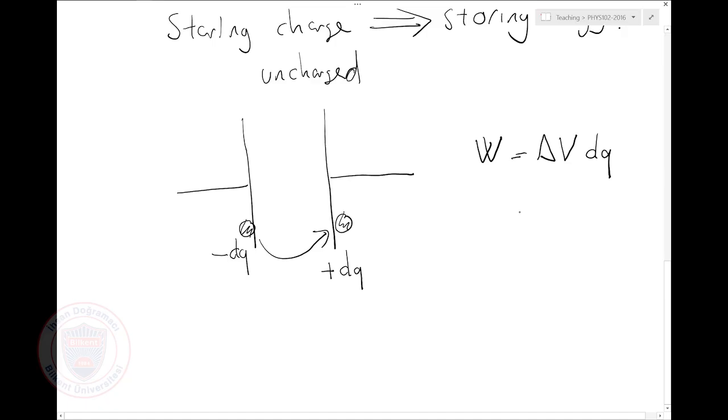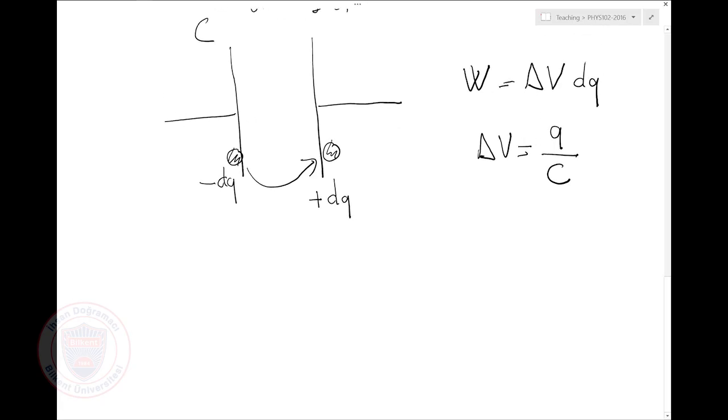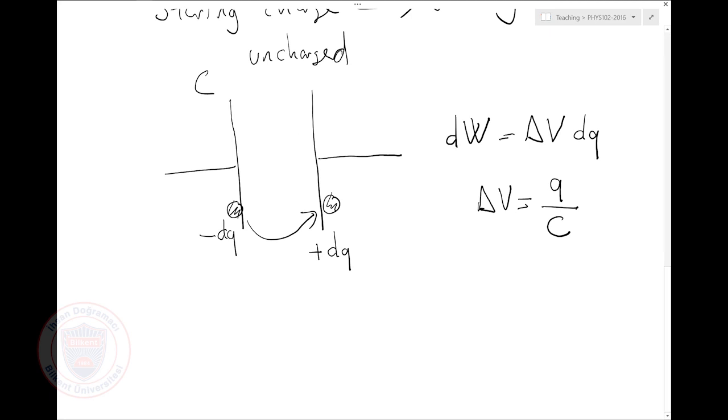But now what's delta V? By the definition of capacitance, delta V is Q, the total charge on one of the plates, divided by C. This should be the differential work, done by moving a differential charge dq.